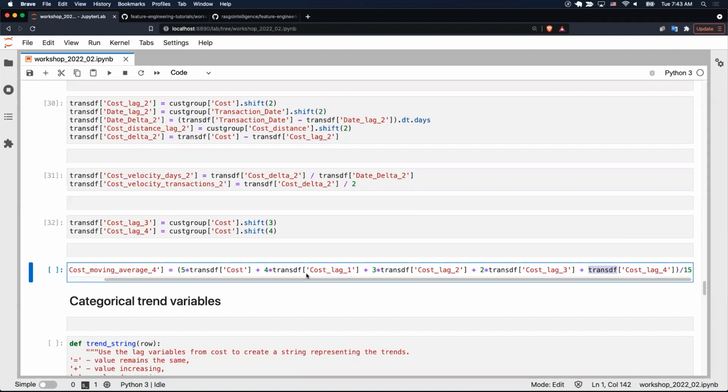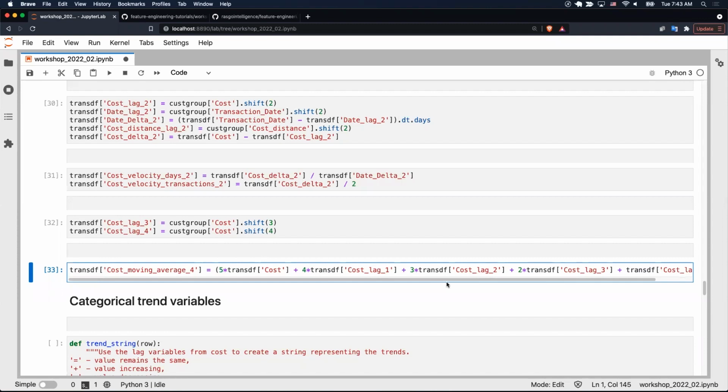And then the sum of 5, 4, 3, 2, and 1 is 15. So I'm going to normalize that whole thing by 15. And this is a weighted moving average of the last 5 purchases. And again, there's no reason you couldn't do the exact same thing with some of those other variables.